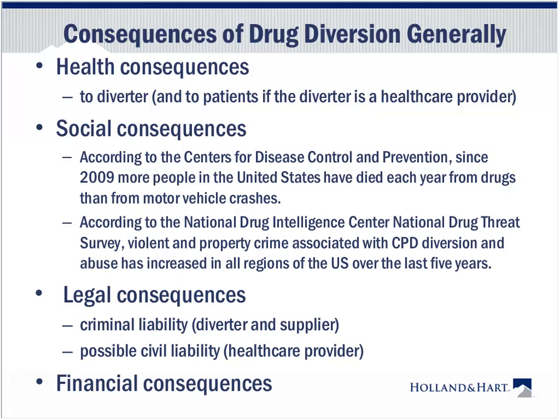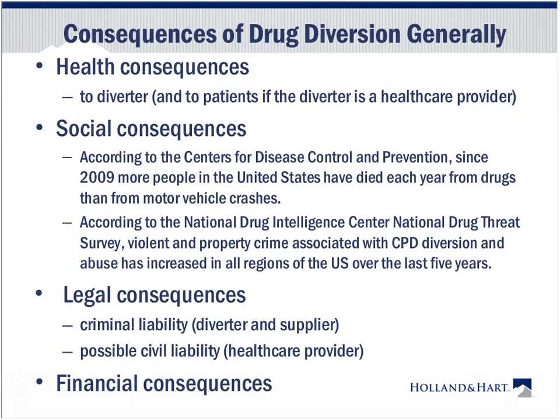So there are social consequences from this issue. There are legal consequences. We're going to talk a lot about that today. There's criminal liability and there's civil liability. There's also the regulatory agency side of things, licensing issues that we'll talk about.